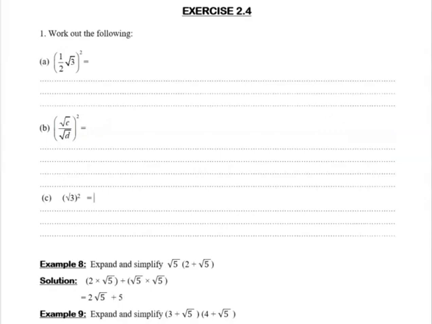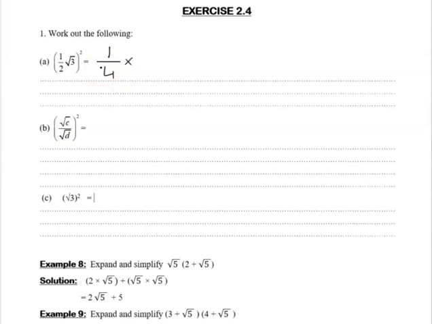Exercise 2.4. Now here we're going to be squaring everything inside the brackets. Now the square is applied to everything. So here we have the square applied to the numerator and the denominator. So the square of 1 is just 1. The square of 2 is 4 multiplied by, now the square of any root, remember any root multiplied by itself, the root cancels out.